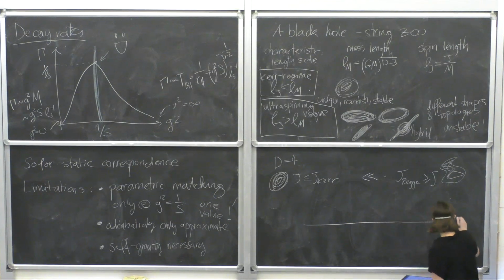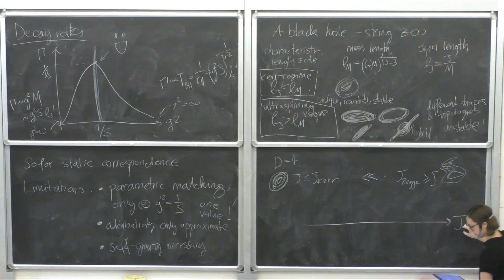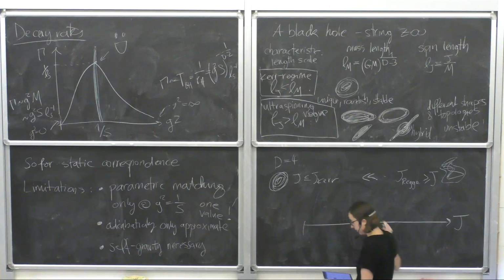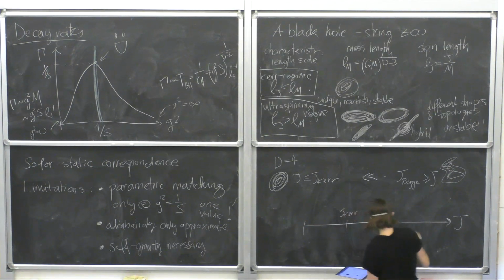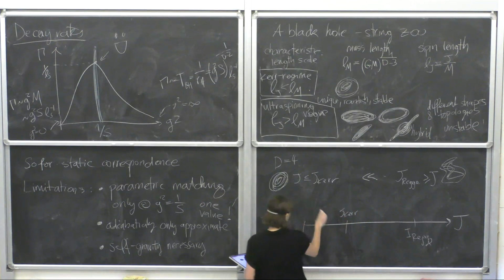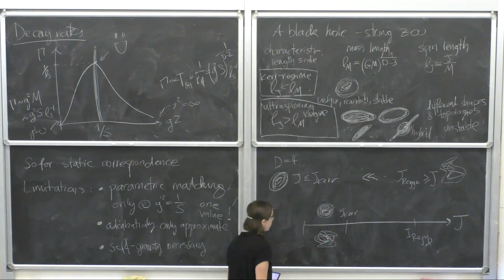So if I then draw black holes on the upper side, strings on the lower side of this line, and the line is cranking up angular momentum from 0 to, well, in principle, infinity, I put the Kerr bound here, put the Regge bound there, and, well, I know I can have black holes here. I also can have strings here, all of them roundish.